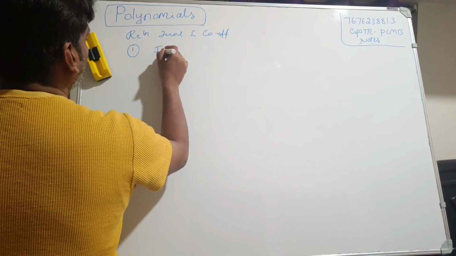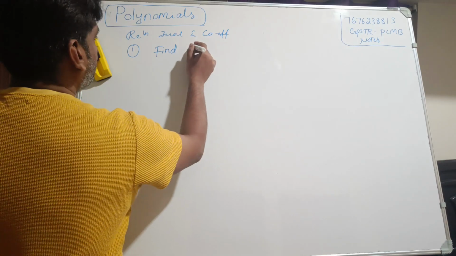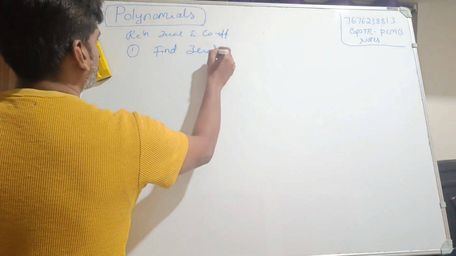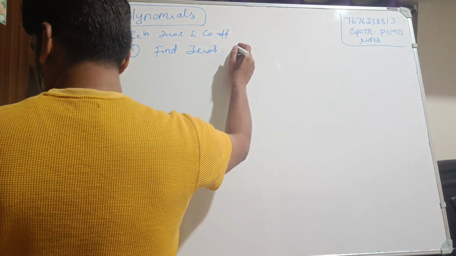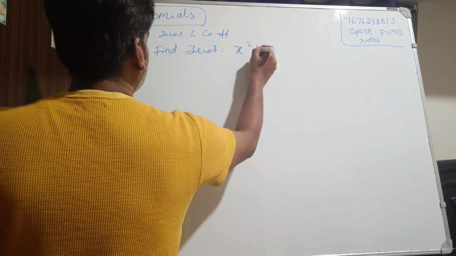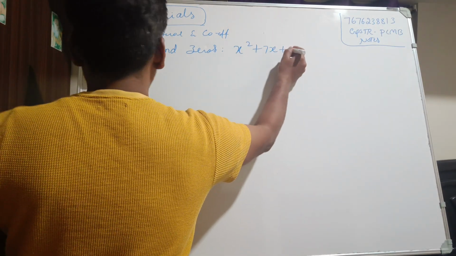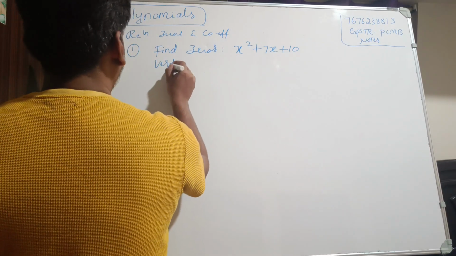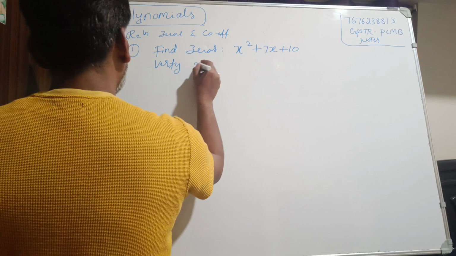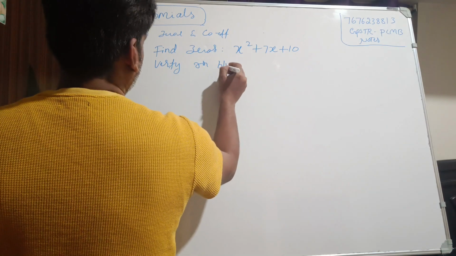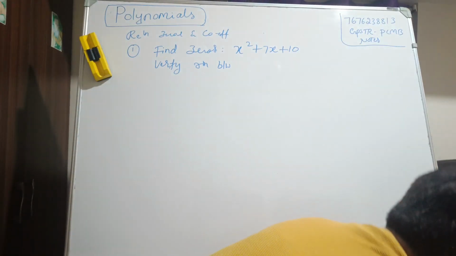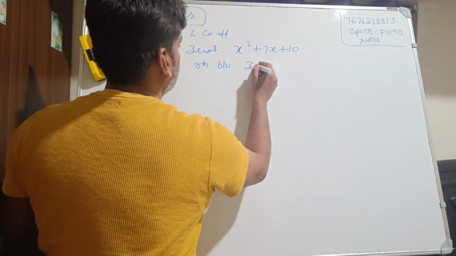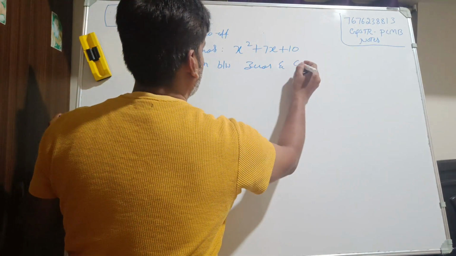You should find the zeros of the given polynomial x square plus 7x plus 10, right? And verify the relationship between zeros and coefficients.